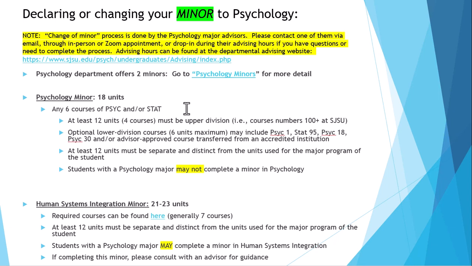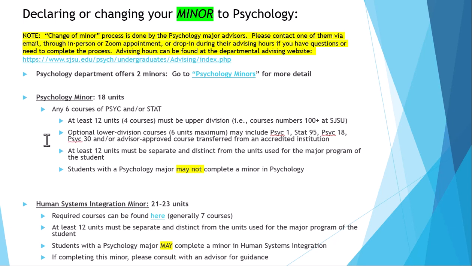At San Jose State, upper division courses are any class that is numbered over 100. The other 2 courses of the 6 can be lower division courses. A lower division course is any course numbered 99 and below.